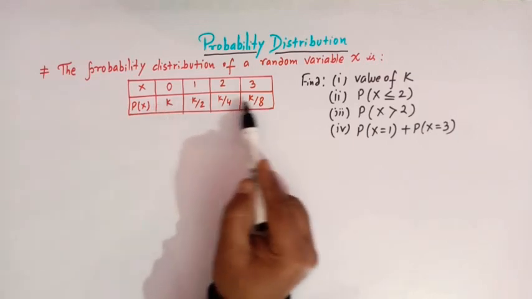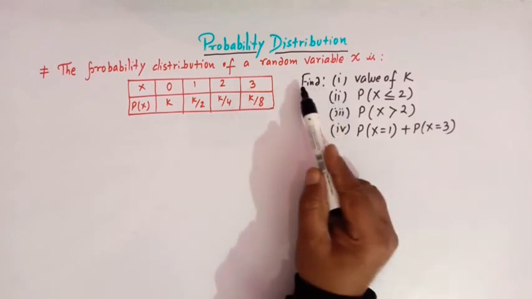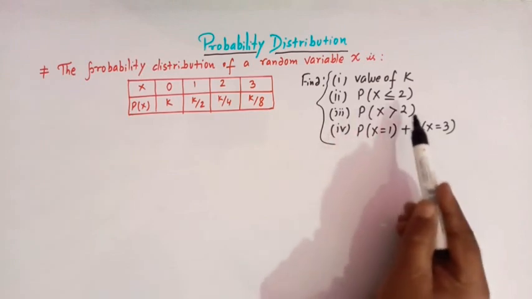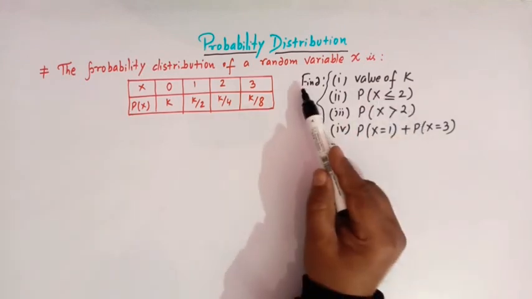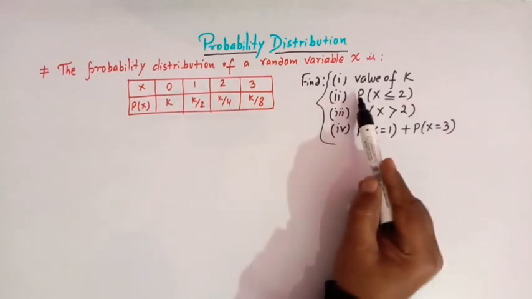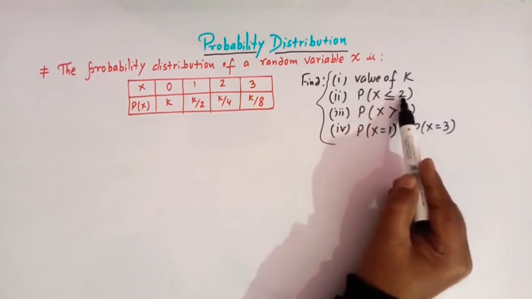And where k is some constant or some scalar, and we have to answer these questions, right? So here we have to find the value of this k, and then the probability of this random variable x when this is less than or equal to 2.